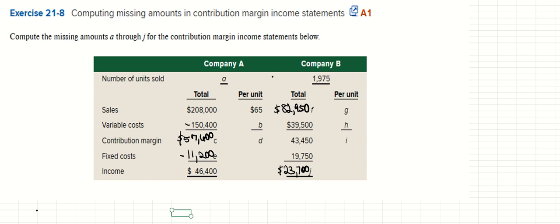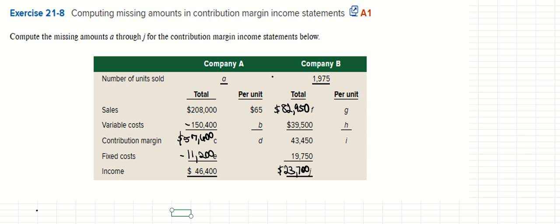Now I'm taking another look at company B. I can stay with company B, or I can go back over to company A, but I'm going to stay with company B because I'm already here. So now I'm going to go over to the per unit column, where all the letters are missing an amount.